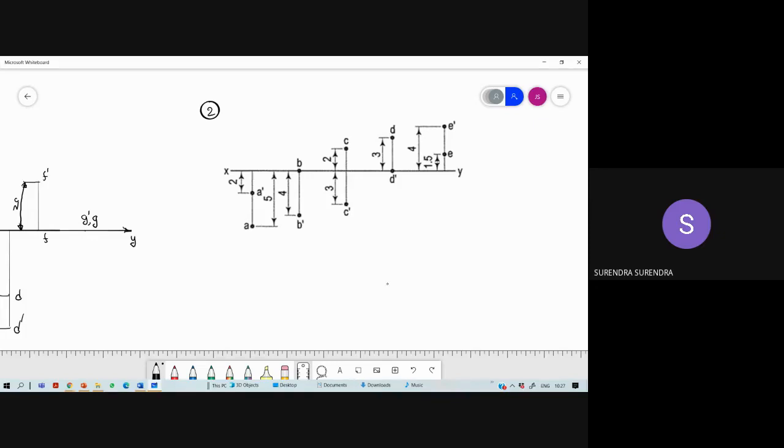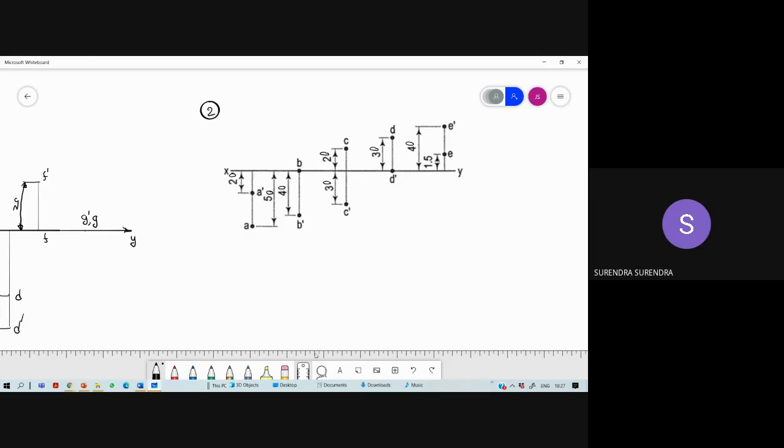Just write it in terms of millimeters, mm. Why? Because we are representing everything in terms of mm, and this one is 15. Convert everything into mm and draw this figure.